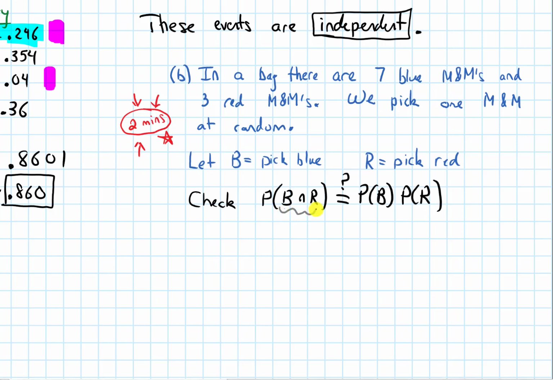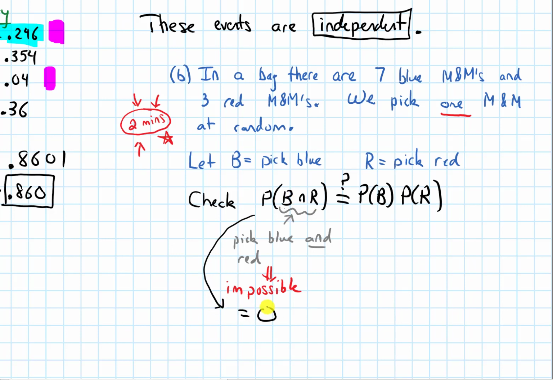B and R means that we need to pick a blue M&M and, because intersection means and, a red M&M. But we are only picking one M&M. So if we're just picking one, we can't pick a blue one and a red one. That means this is impossible, and if that's impossible, that means this probability on the left-hand side is 0.